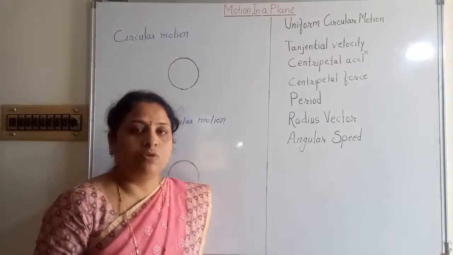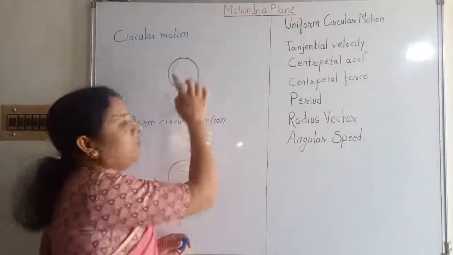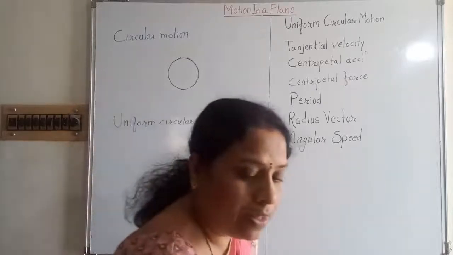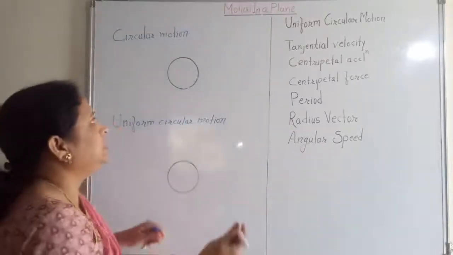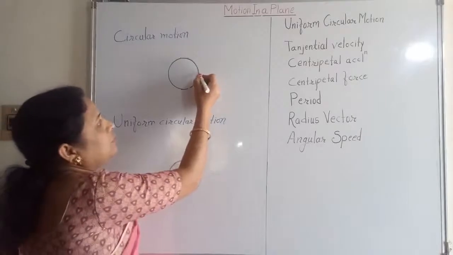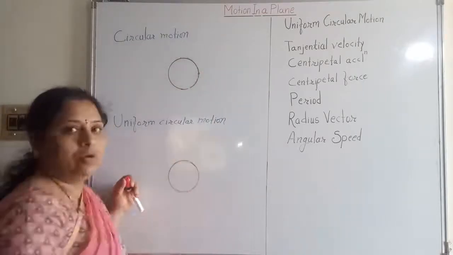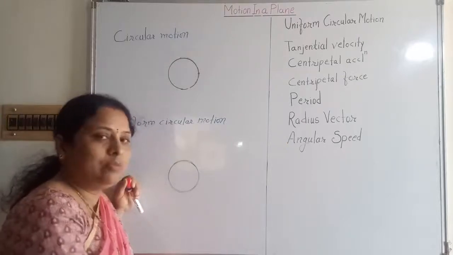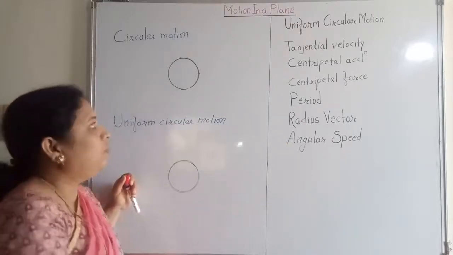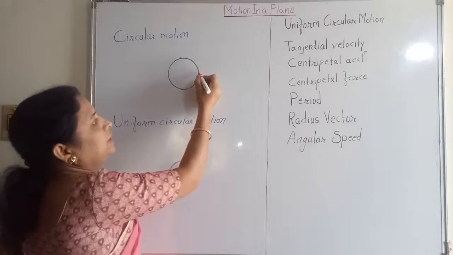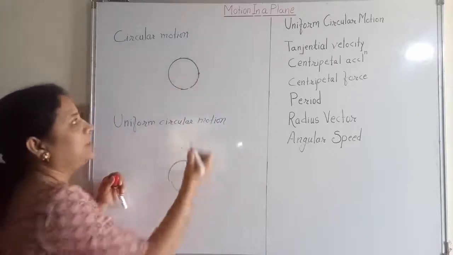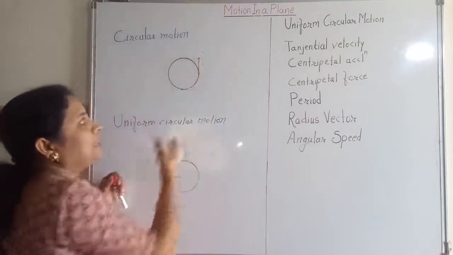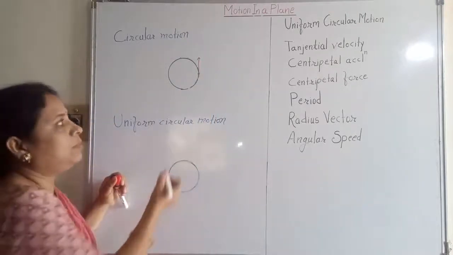And in circular motion, when the object is moving along the path, at every point the direction of velocity changes. When the object is in motion it has some velocity. Here the object is along the circular path, and at every point the direction of velocity is along the tangent to that circular path.